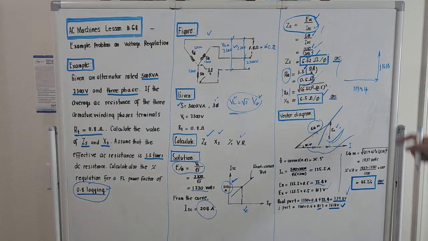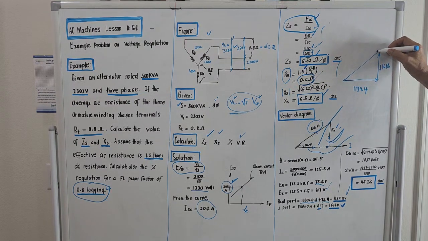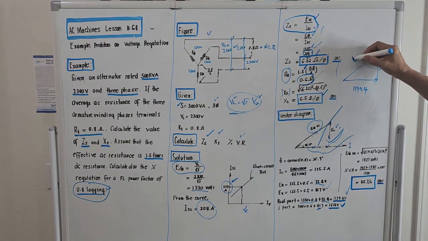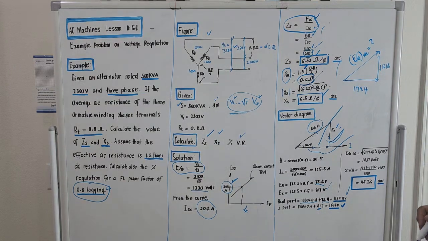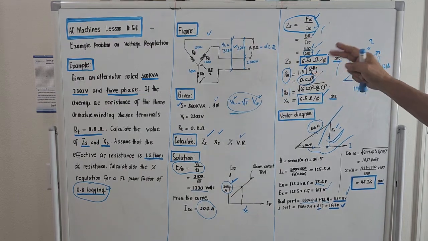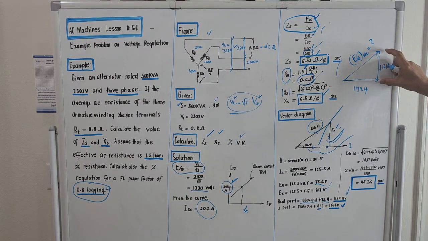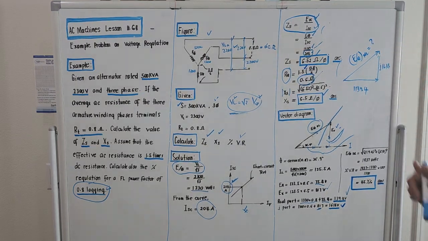The vectorial sum is actually the voltage per phase at no load. It's a very big one. This is the one needed in the computation of the voltage regulation. It will be the square of this plus the square of this, then take the square root.